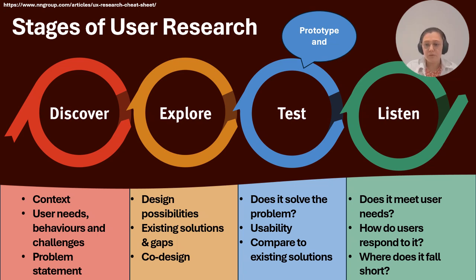So, for example, the problem statement that a researcher might come with is rare diseases are hard to diagnose, so they're looking for interventions that may help support that diagnostic process.